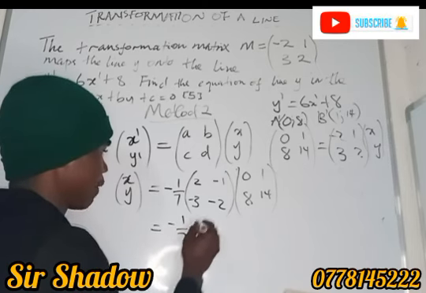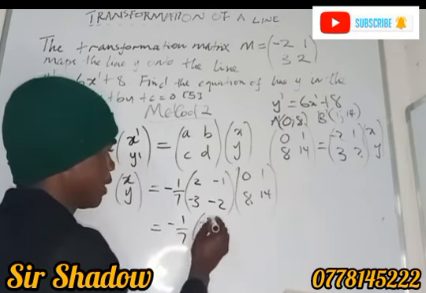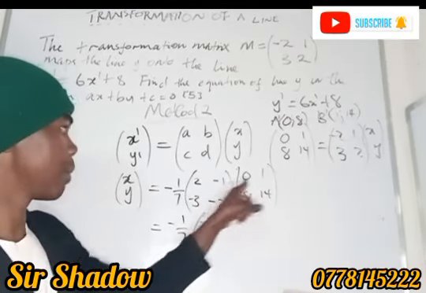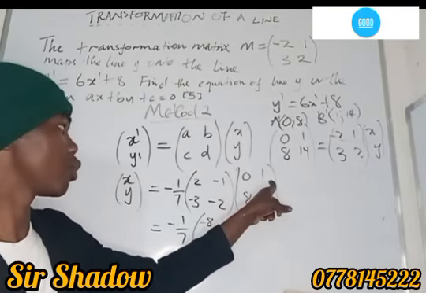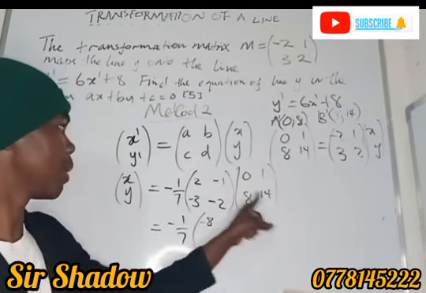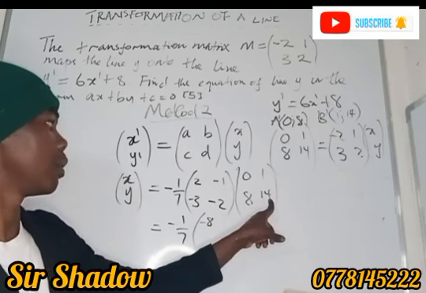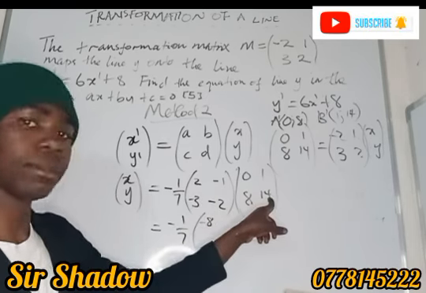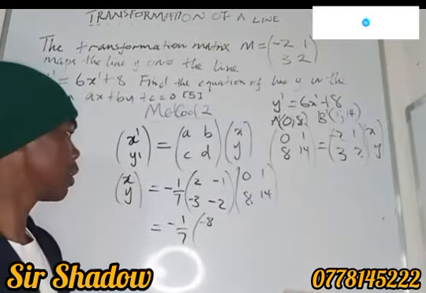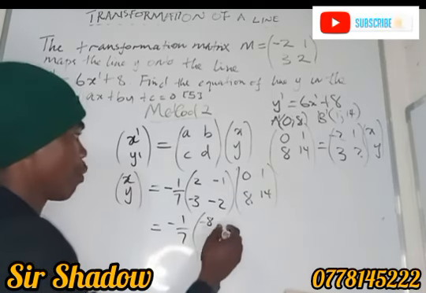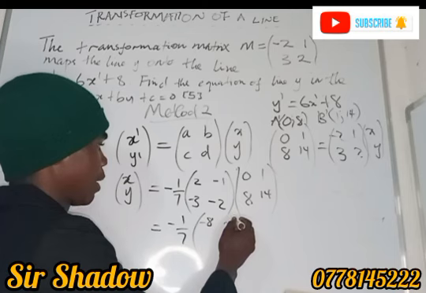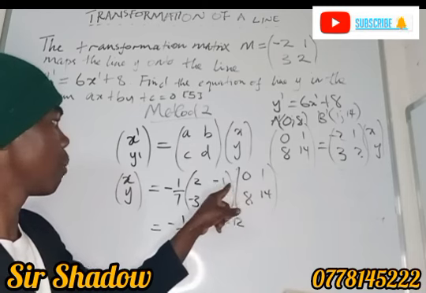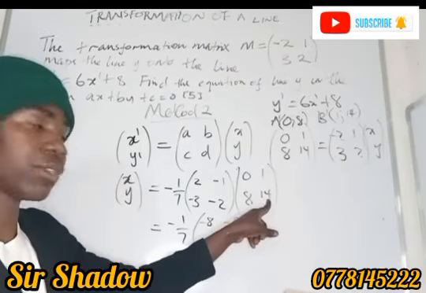Then minus 1 over 7 is multiplying. We have minus 8 here. Then let's find the value for this side. This one by this one is 2 plus this one by this one, which is minus 14. So 2 minus 14 is minus 12 here.